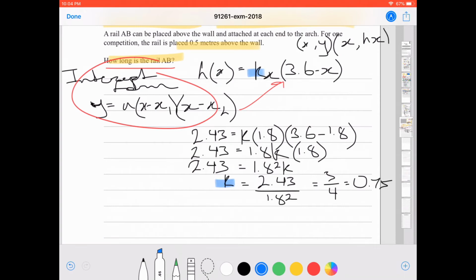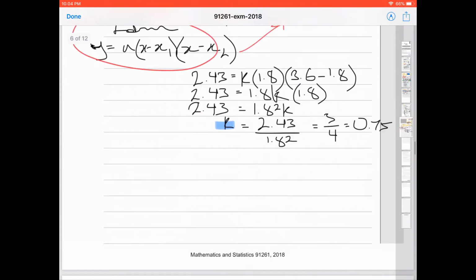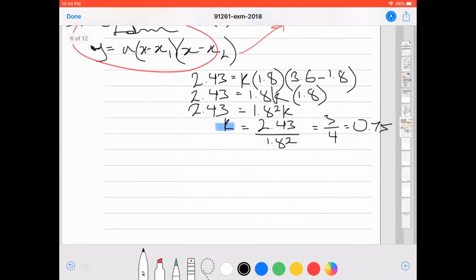And so we're finding the value for x when the rail is placed 0.5 meters above the wall. So when h of x is 0.5. Okay, and so basically we're going to say 0.5 equals, our value for k was 0.75 times x, and it was 3.6 minus x. This is our equation.